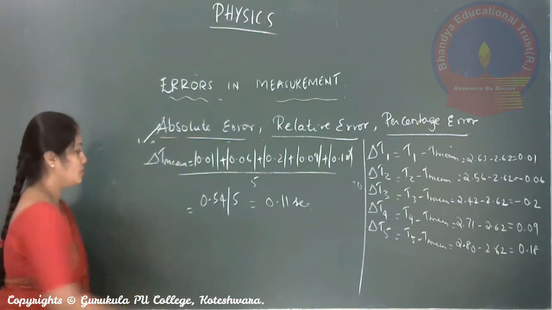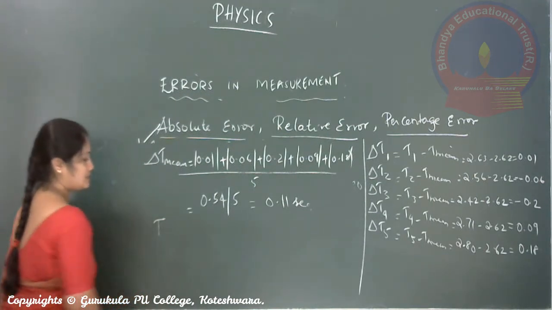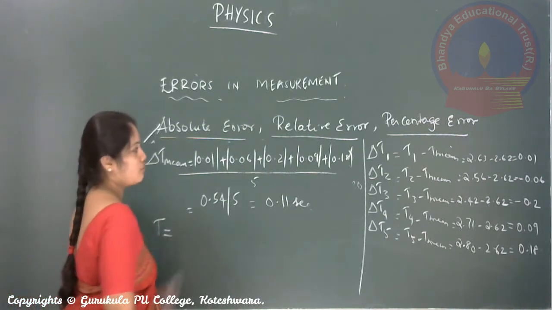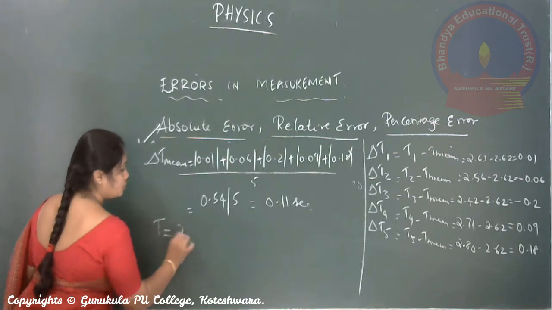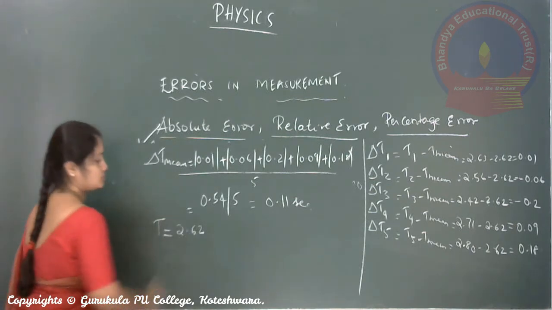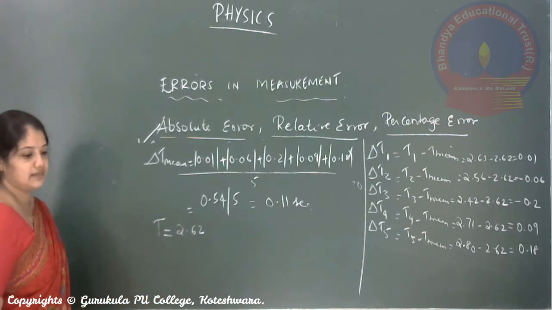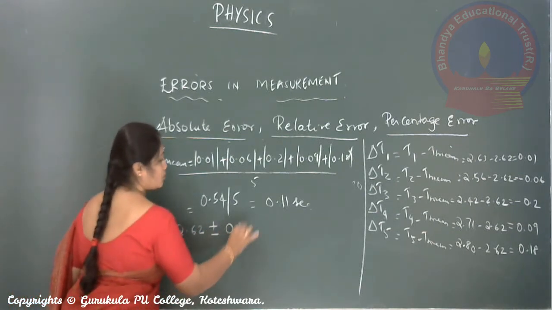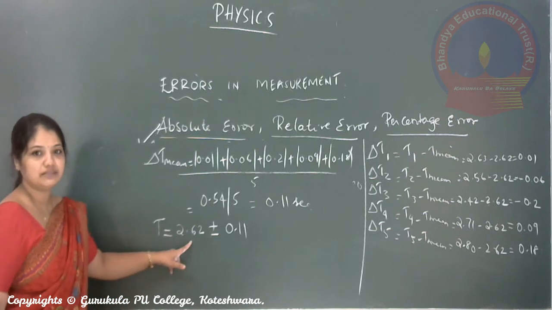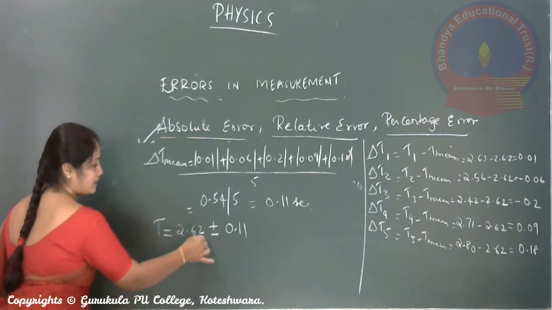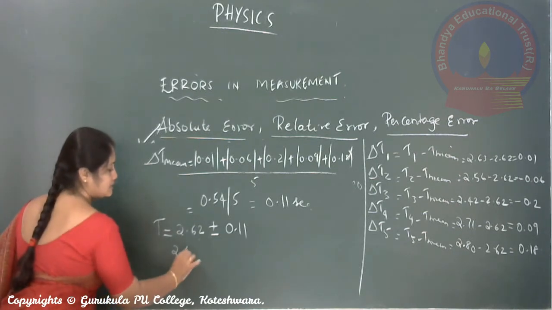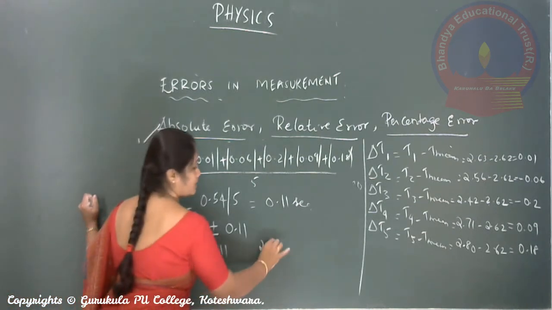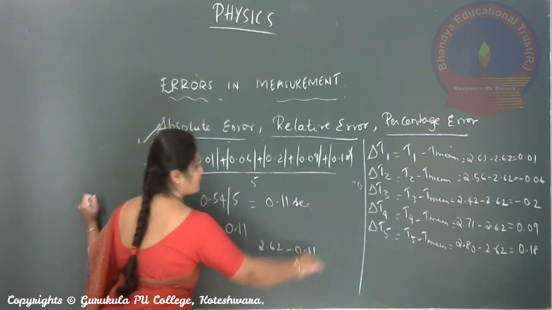So at last I will write my result. T is equal to, over here what was the mean that I have got? 2.62. Okay, 2.62 plus or minus 0.11. What it means is that it will take the number 2.62 plus 0.11 or 2.62 minus 0.11.